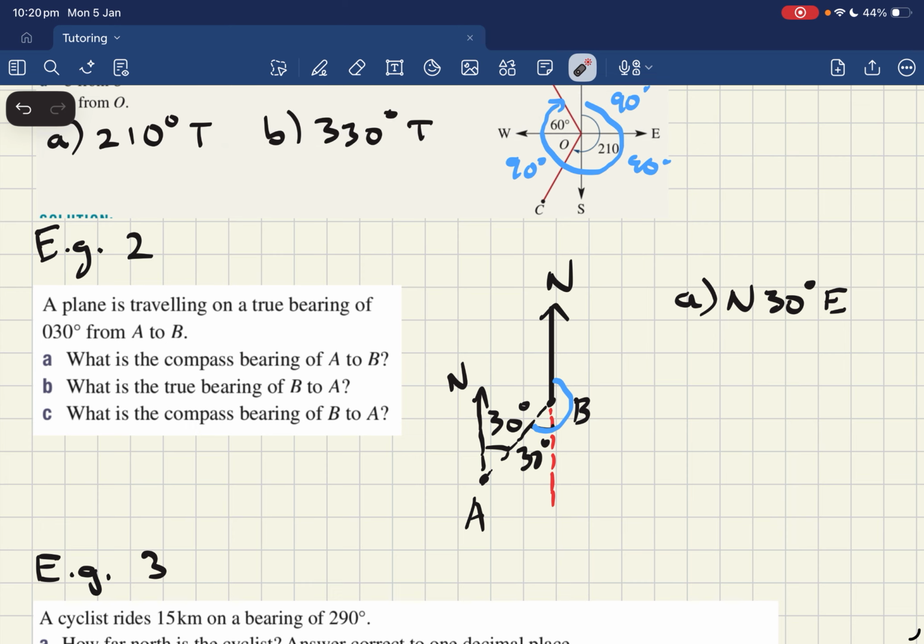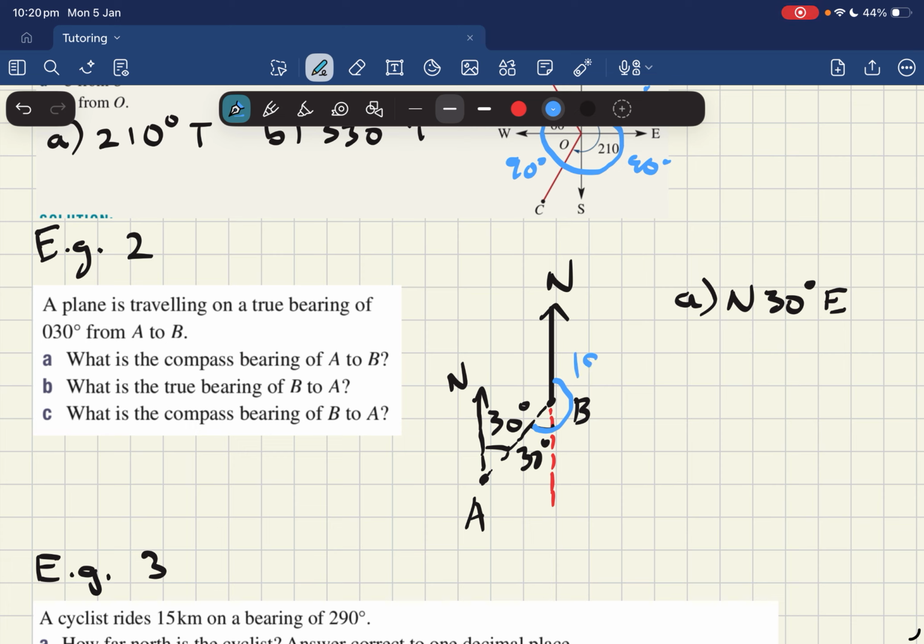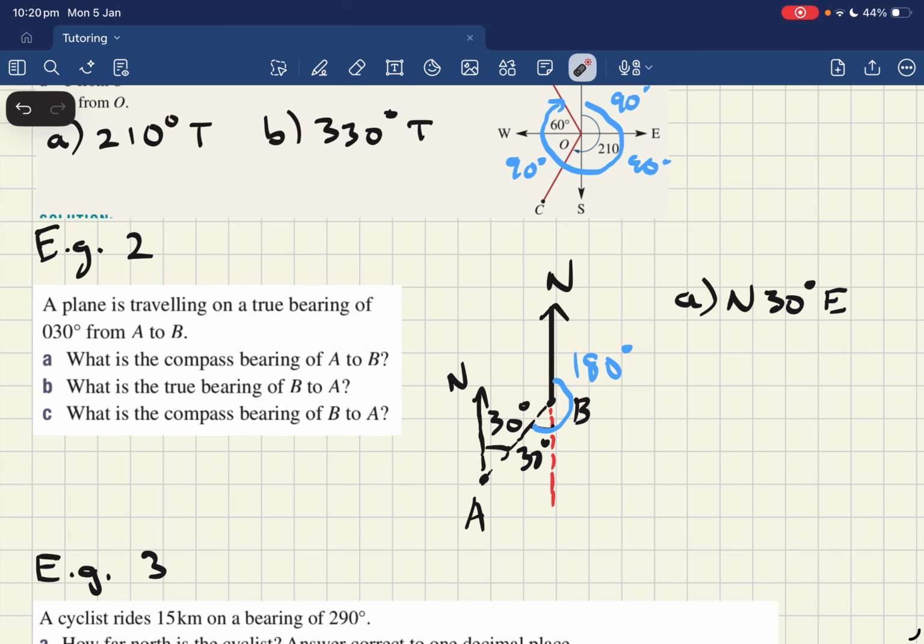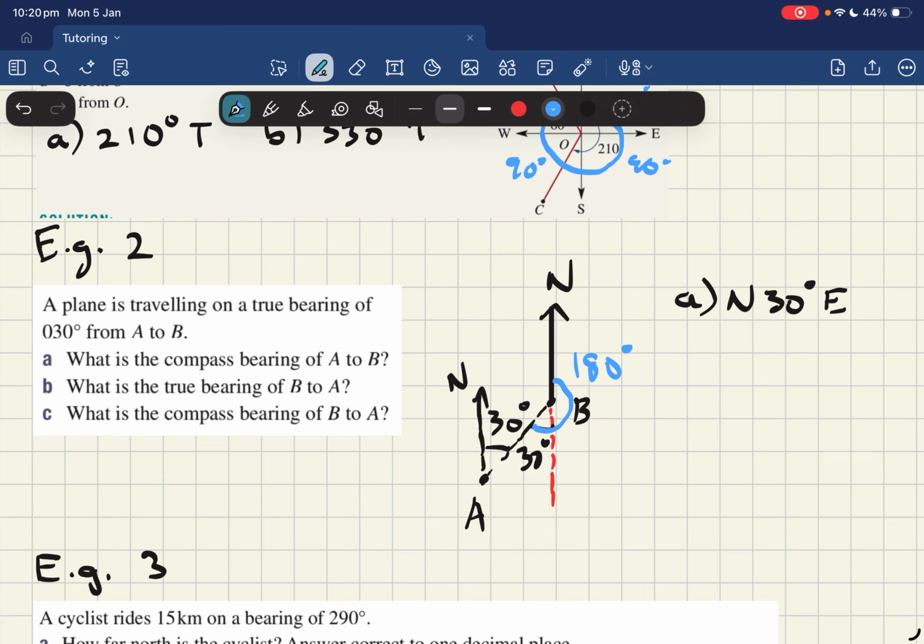So that's going to be 180 plus the extra little 30 that happens here. So the true bearing of B to A is going to be 180 plus 30. That gives us 210. And we're going to write degrees T because it's a true bearing. Hope that part was okay.